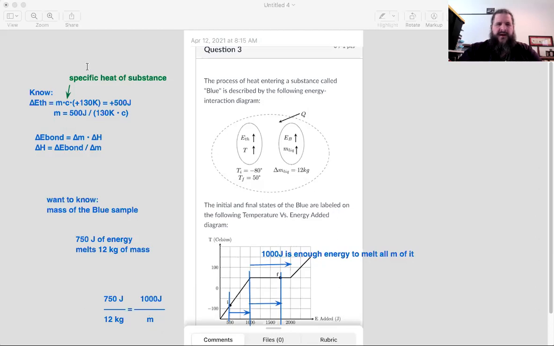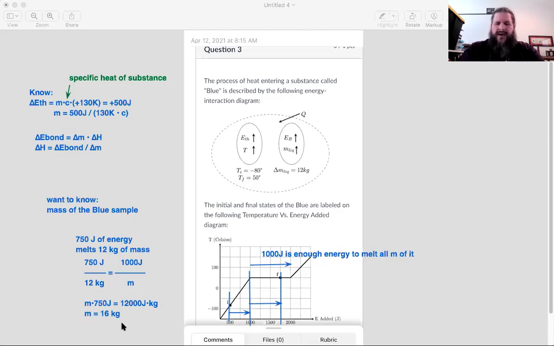We could cross multiply, and that would give us M times 750 joules equals 1,000 times 12, so that'll be 12,000 joules times kilograms. And then what? Yeah, if we divide by 750, I think we end up with 16 kilograms.